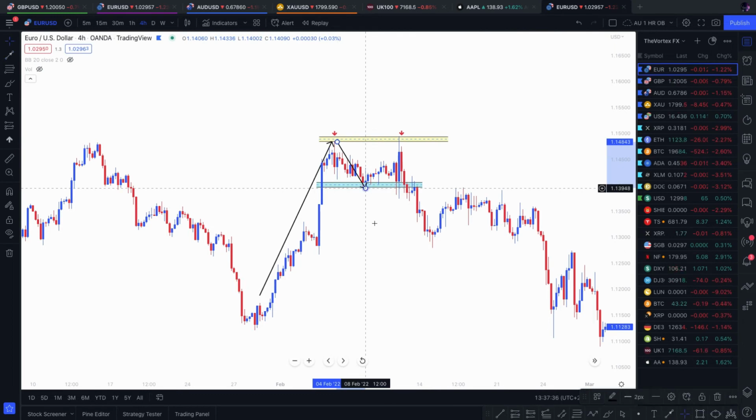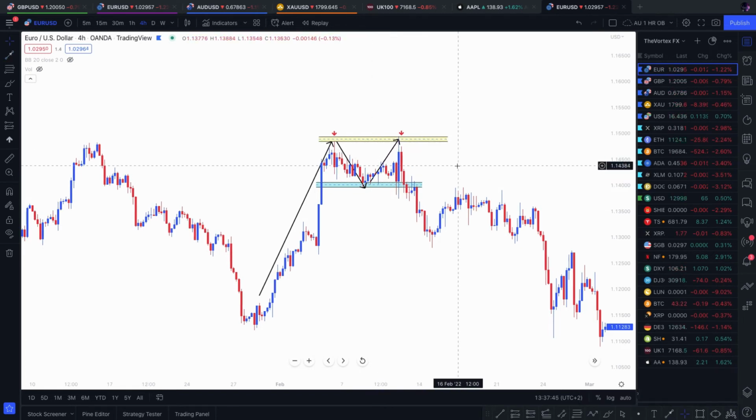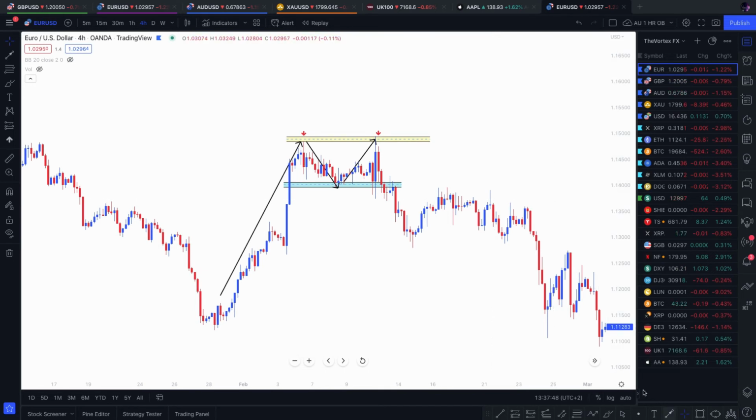And I was wondering, okay, let's see if price wants to go back up and let's see if it struggles to break the same area of resistance. And we can see that's what it did, right? Then price came down. And that is how we spot our double top and double bottom patterns.